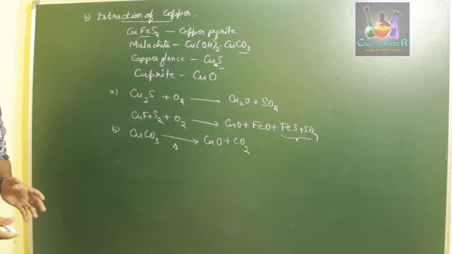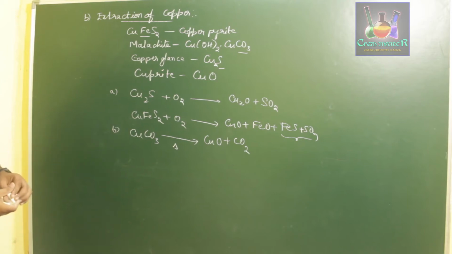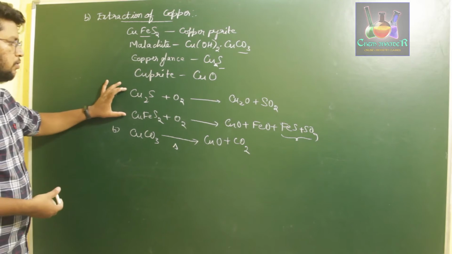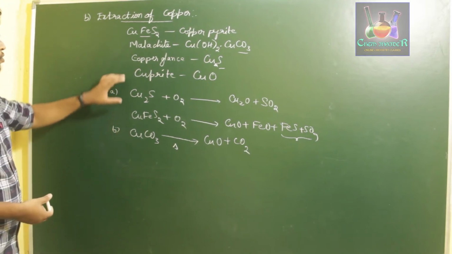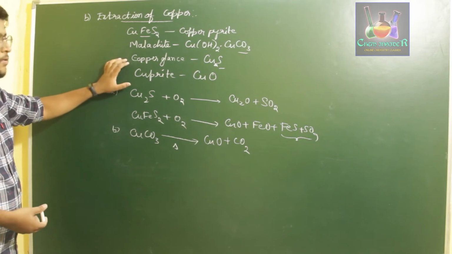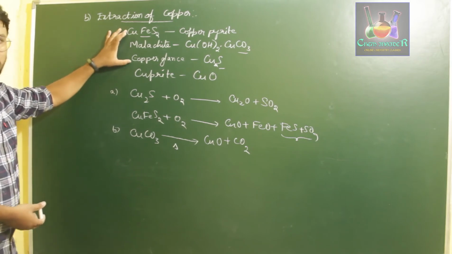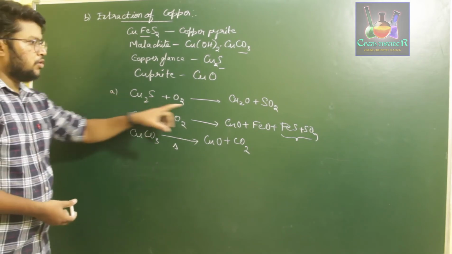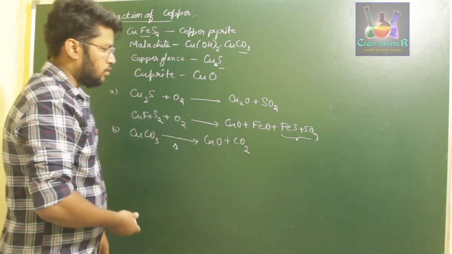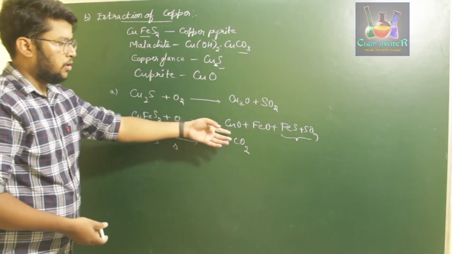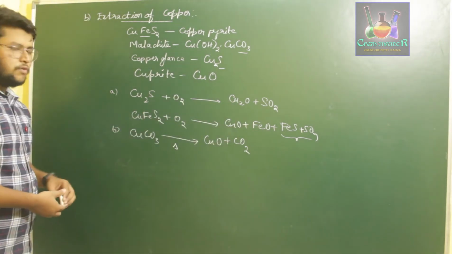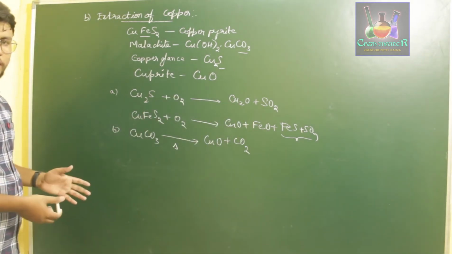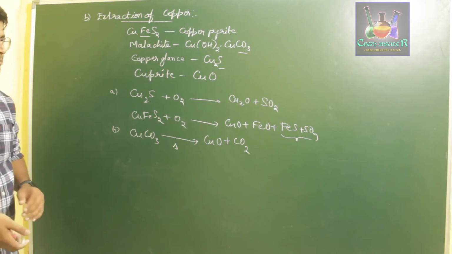To convert the ores into oxides we have two processes: roasting and calcination. For roasting, we use the ores copper pyrite and copper glance. On burning these two in the presence of hot air, we get cupric oxide and sulfur dioxide. In the second case, we get cuprous oxide, FeO and other impurities. In the case of cupric carbonate, we just heat it to liberate carbon dioxide gas.